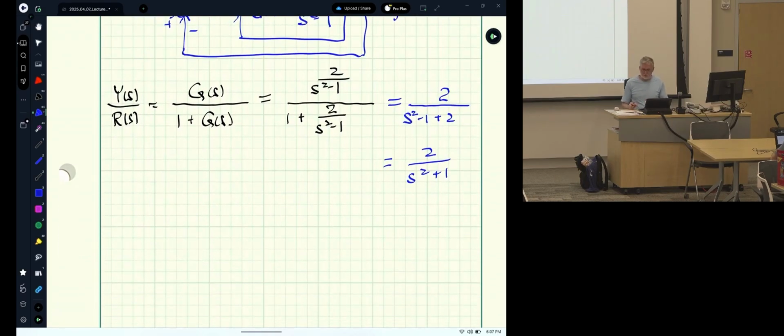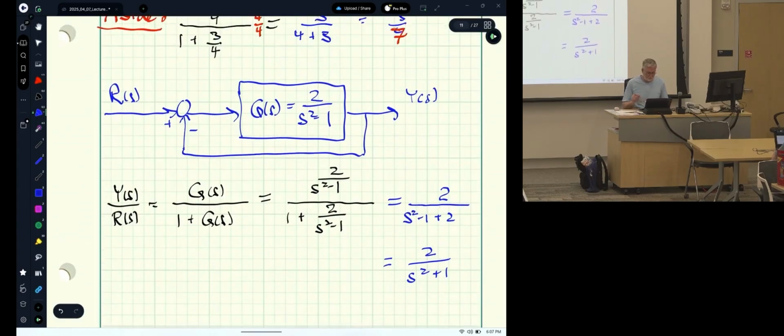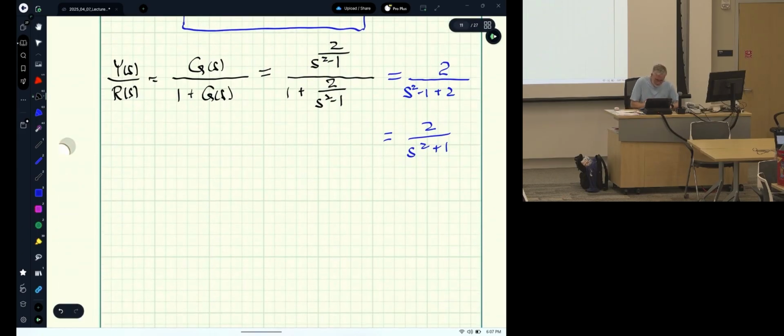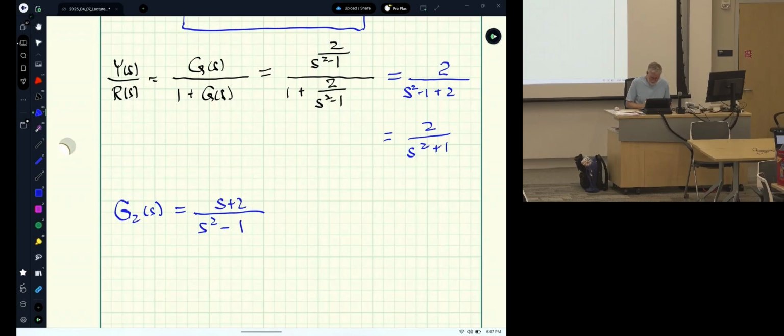Okay, let's do another one. Let's take, and I'll call this one G2 of S, equals S plus 2 over S squared minus 1.